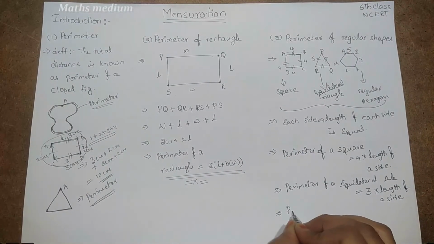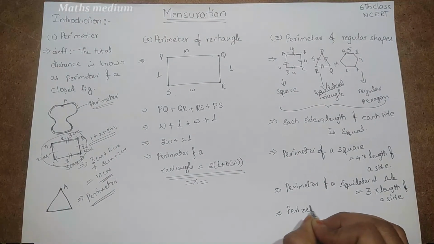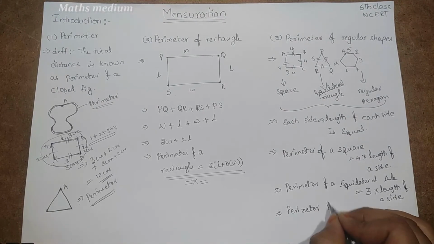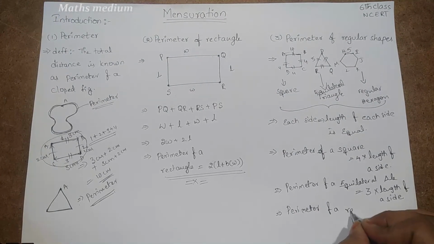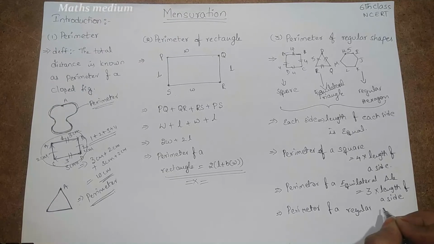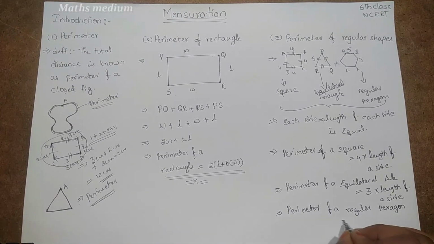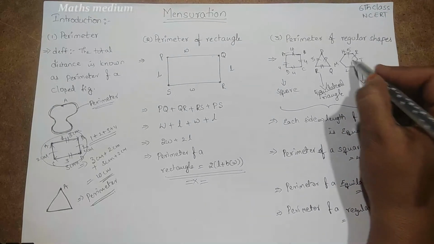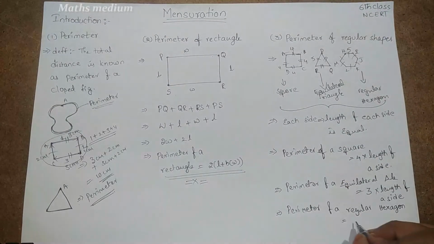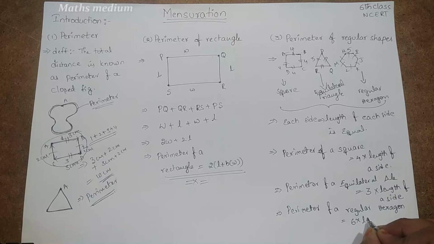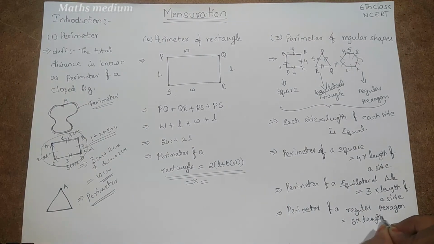And finally, perimeter of a regular hexagon is equal to, in a hexagon we have 1, 2, 3, 4, 5, 6 sides. So 6 into length of a side.